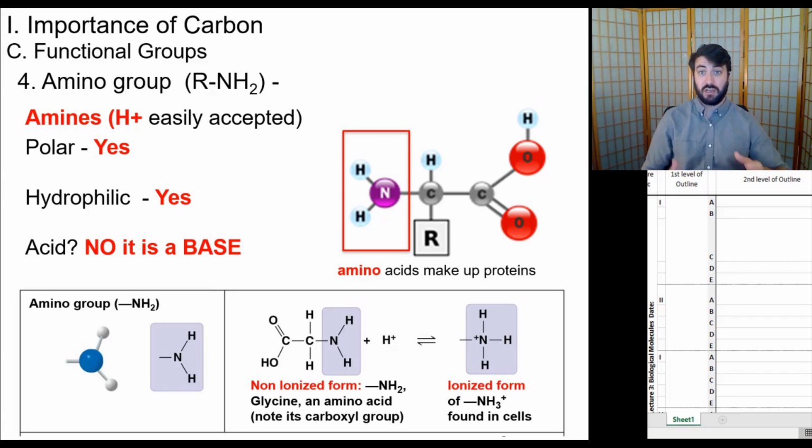And because they readily take them up, they give off OH in water, so it's considered a base. These are also considered polar and hydrophilic. So you'll see them in both their non-ionized form and also in their ionized form, their NH3 form, pretty often in cells.